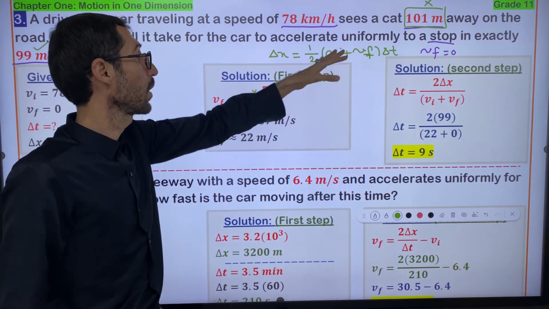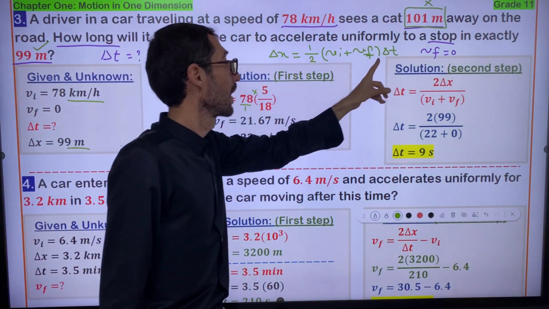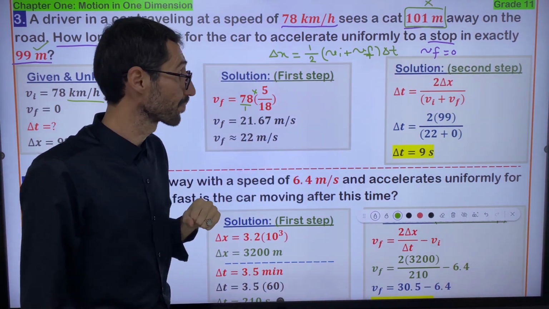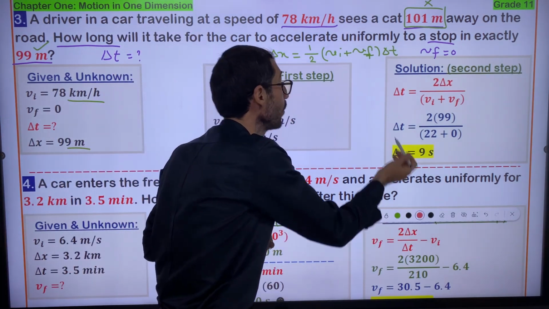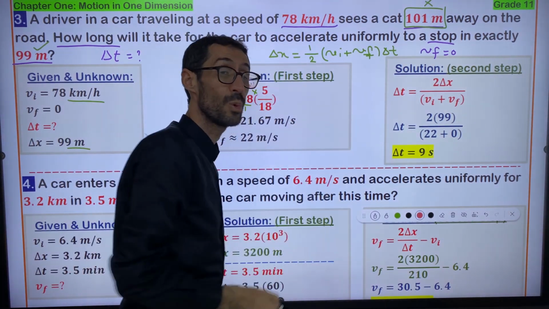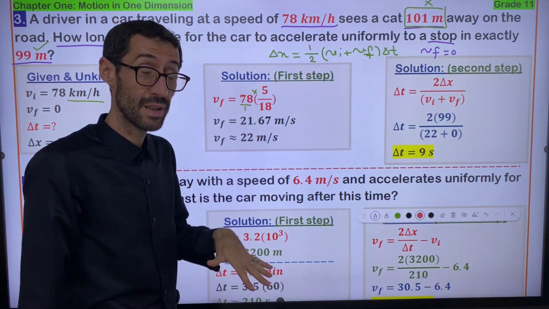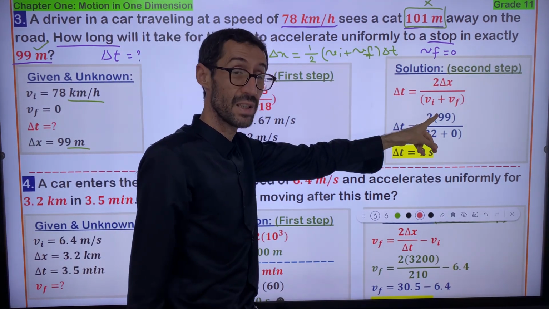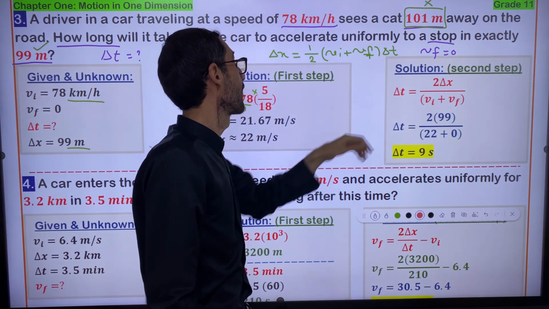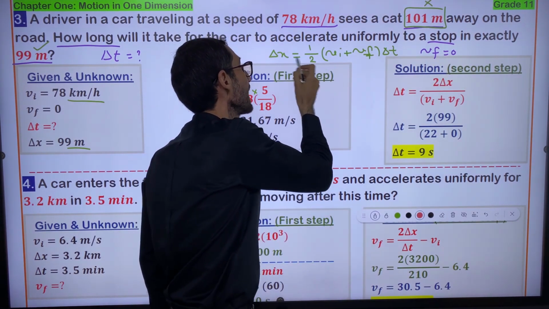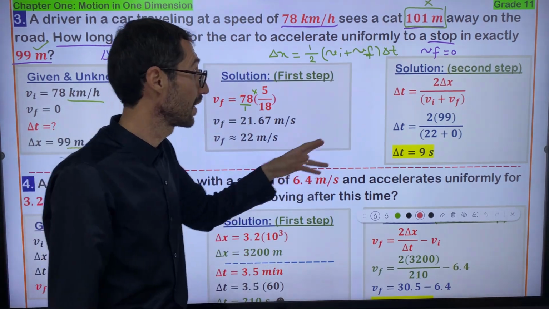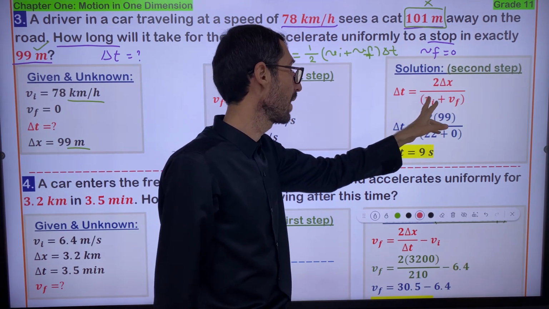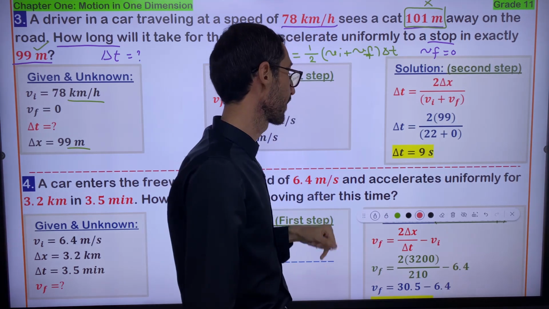This rule comes from the original rule. I want you to take out delta t here. Delta t is unknown. That's why anything that multiplies by delta t goes to the denominator. So this bracket goes down to the denominator, and 2 multiplied by delta x goes to the numerator like this. So delta t is equal to 2 delta x over v initial plus v final.